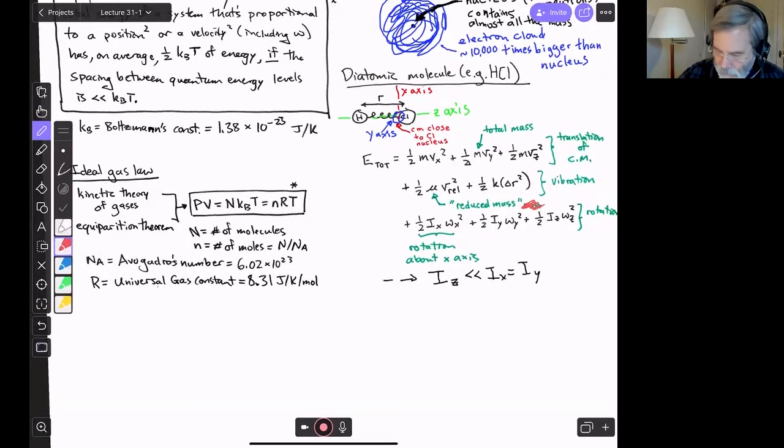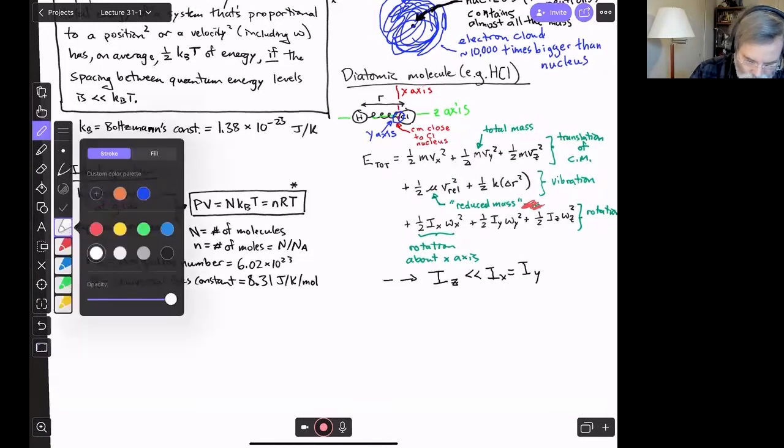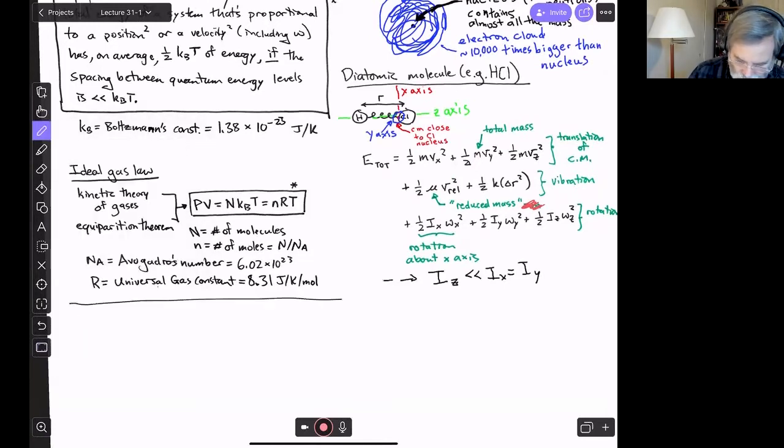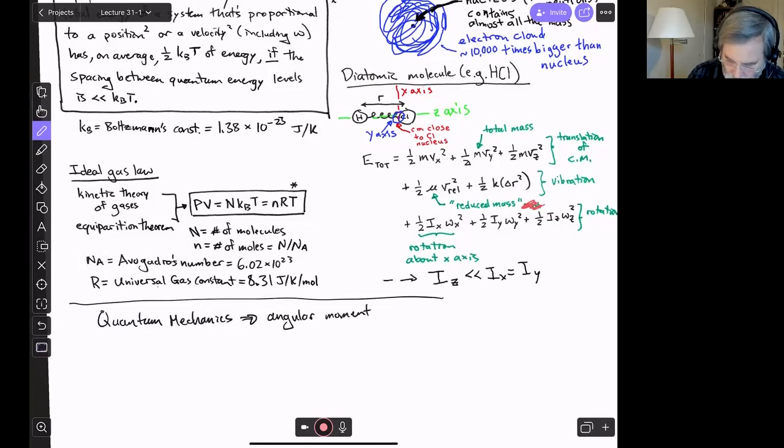So again, I'm not going to prove every aspect of it to you, but I will start by just stating what quantum mechanics shows, and it's not that hard even in quantum mechanics to show this. This is something that you will learn in PChem, or if you take introductory quantum mechanics: angular momentum is quantized in units of this constant h bar.